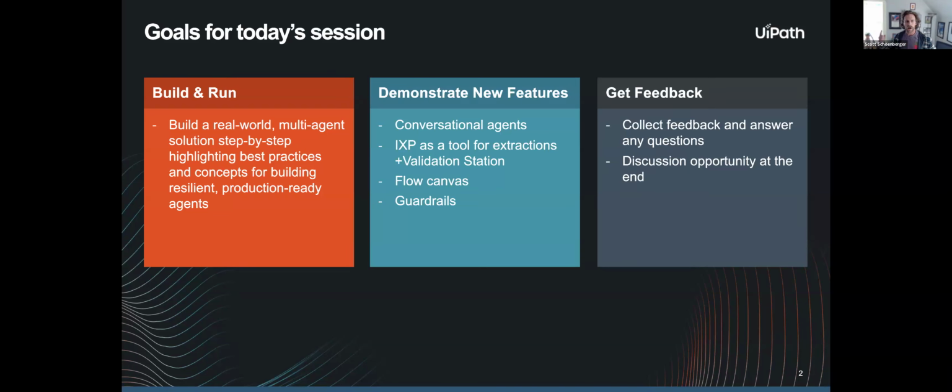It's going to feature, I don't know if folks have been using IXP, but IXP is our latest iteration of document understanding, so intelligent document processing. You're going to take a look at the flow canvas, which is a new visual canvas that allows you to build your agents. It's just part of the authoring experience, but build your agents in a way that's perhaps more intuitive.